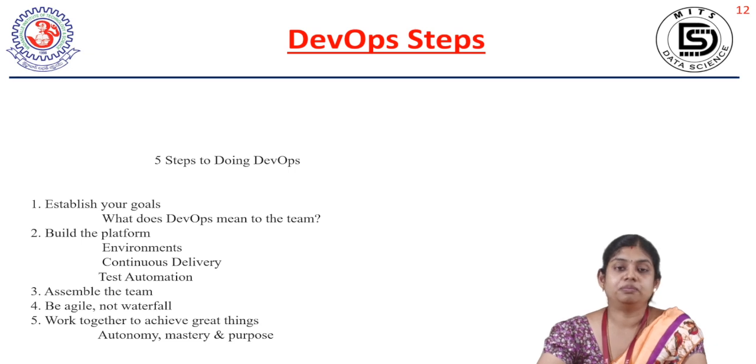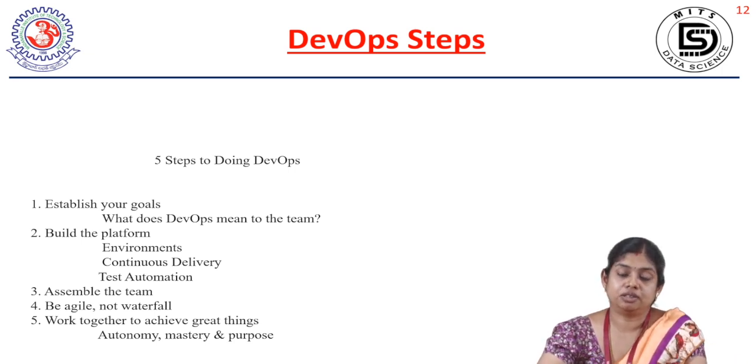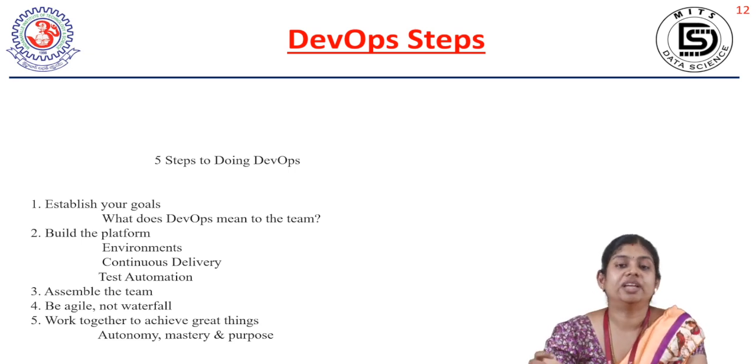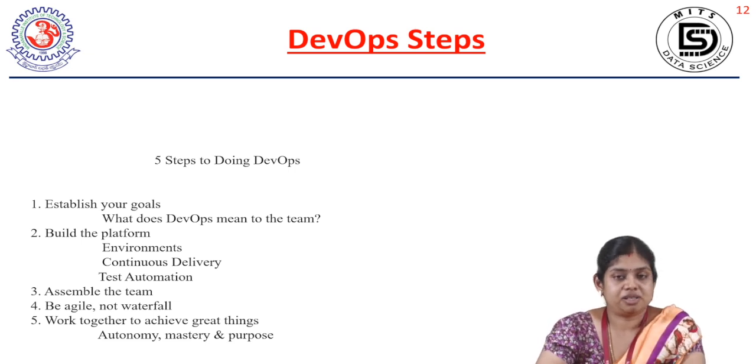Whether it is that the product must be of very high quality, or if I want everyone to be in perfect sync, like the development persons and the operational persons, or what is my goal? What do I want to get from my DevOps culture? That objective, you should be very clear about and communicate with the team members.